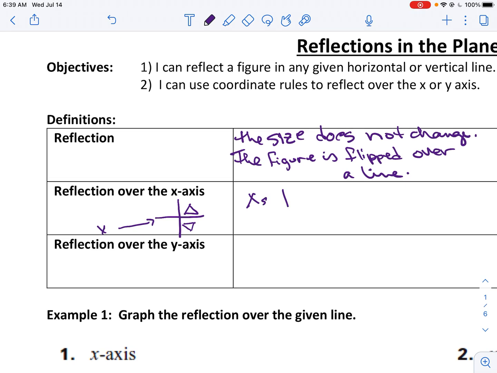The x's don't change. The y's are the opposite.